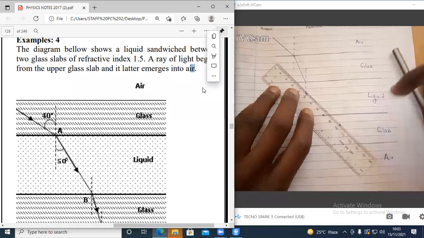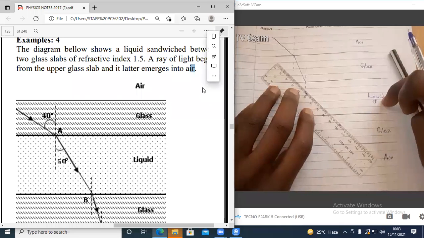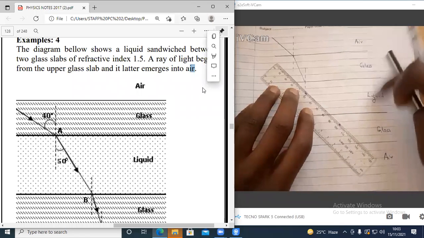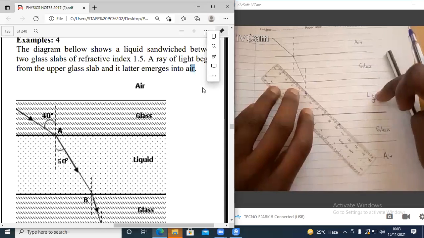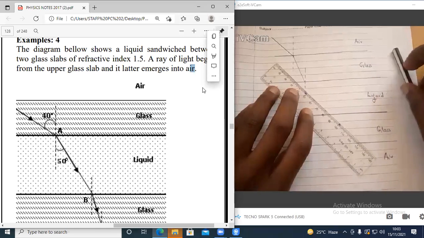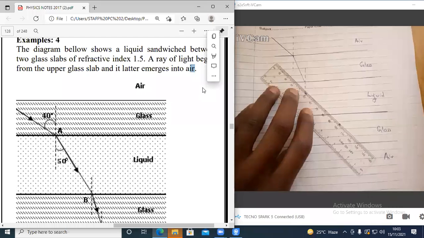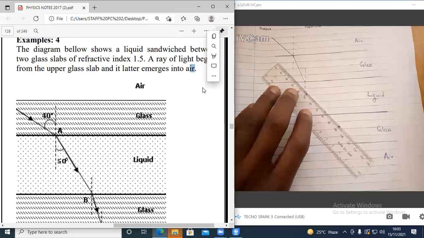If you compare glass and liquid, which one is more dense? Glass. If a solid and a liquid, which one is more dense?